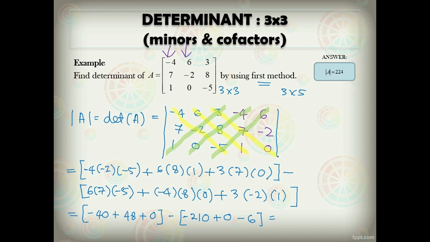That is equivalent to 8 plus 216, which gives you 224. So the answer is 224, the determinant for matrix A. Easy? Could you do that? Hopefully yes.